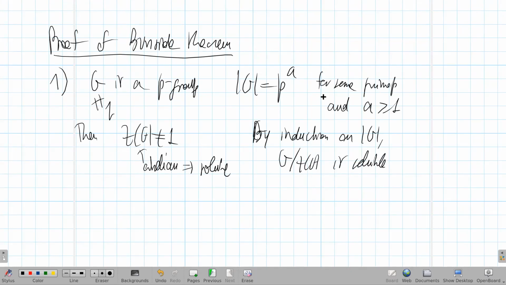Of course, you start with a group of order p, which is abelian, and recall that soluble groups have the property that if a normal subgroup is soluble and the quotient is soluble, then G is soluble.